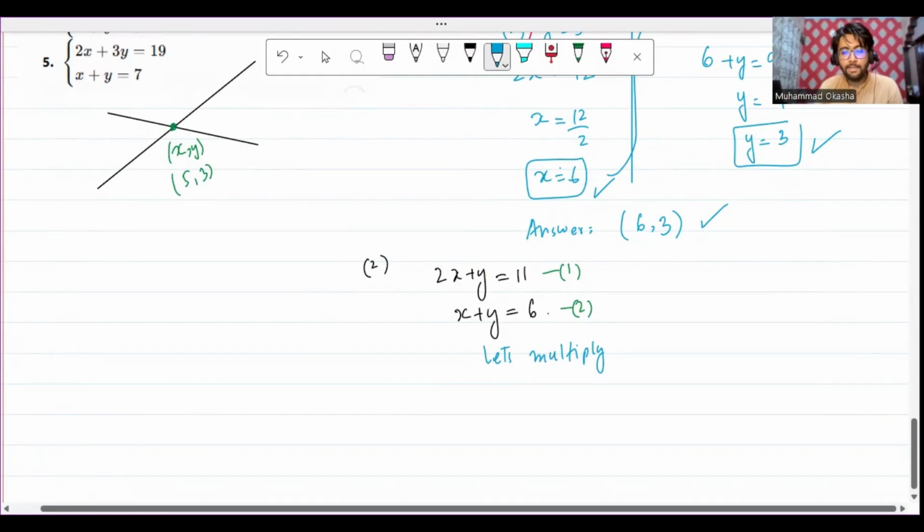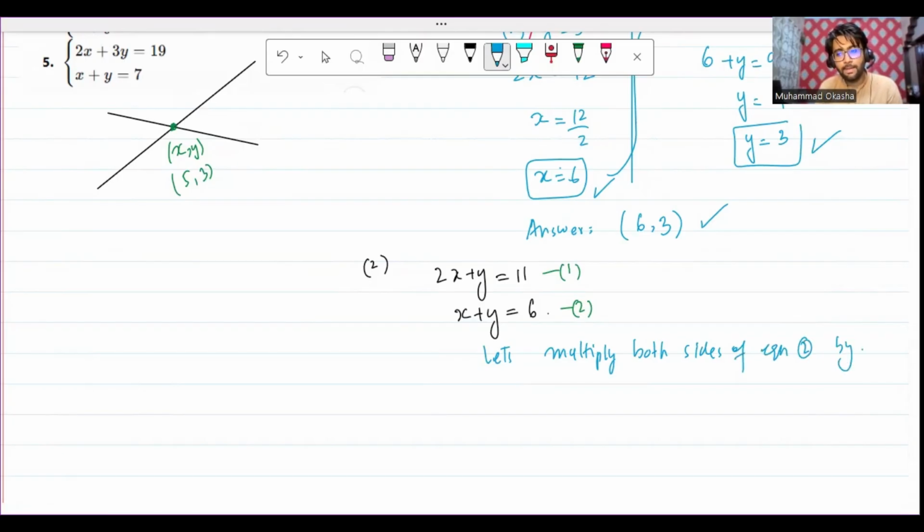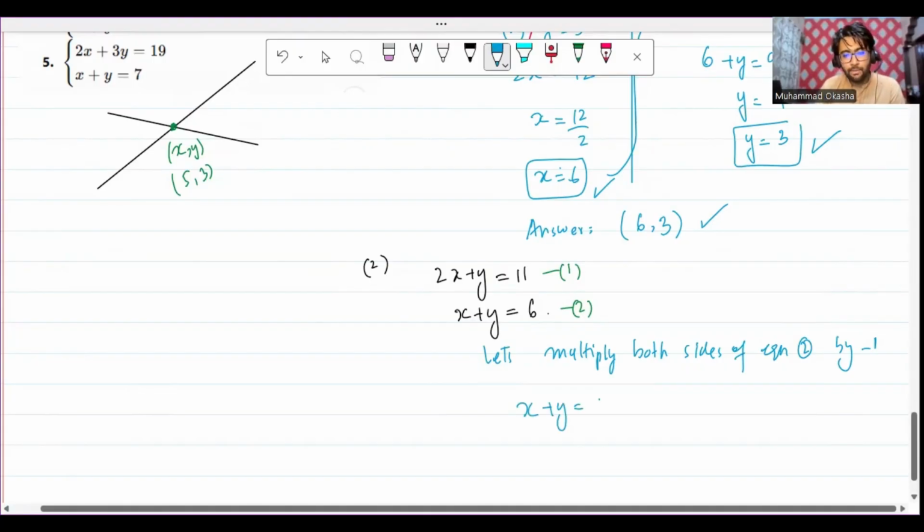So let's multiply. You're allowed to do that, by the way. Let's multiply both sides of equation 2 by -1. So you have equation 2, x plus y equals 6.